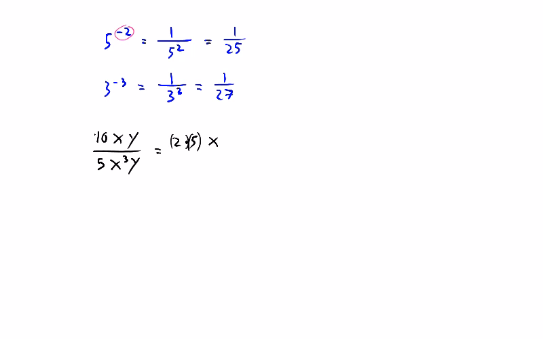And then we have a factor of x and a factor of y in the numerator. We have a factor of 5, 3 factors of x, and 1 factor of y in the denominator. A factor of 5 in the numerator and a factor of 5 in the denominator can divide out. A factor of y in the numerator and a factor of y in the denominator can divide out, with the caveat that y is not 0.